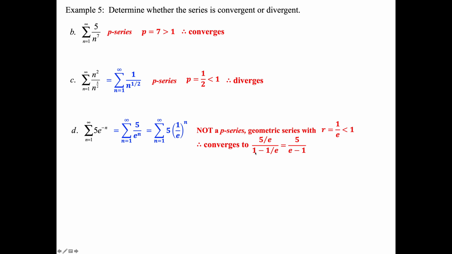All right, over 1 minus r, the 1 over e. Let's see, to simplify this, multiplying e top and bottom, cancel, cancel, and e times 1 is e. So this is a converging series, which just happens to have the sum 5 over e minus 1.